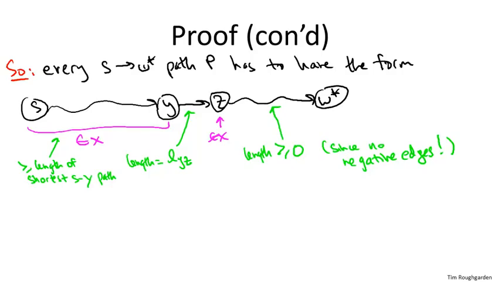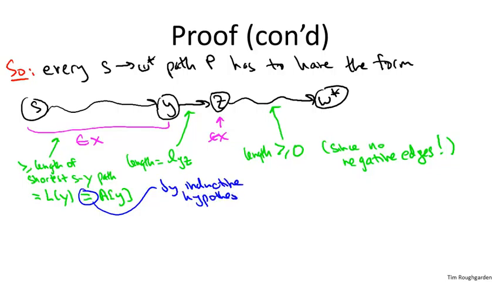And the inductive hypothesis assures us that we did it correctly. So whatever value we have hanging out in our array, capital A, that is indeed the length of a true shortest path. So the length of a shortest SY path is L of Y by definition, and it's A of Y by the inductive hypothesis. And now we're in business, right? So what does this mean we can say about the total length of this arbitrary path P?